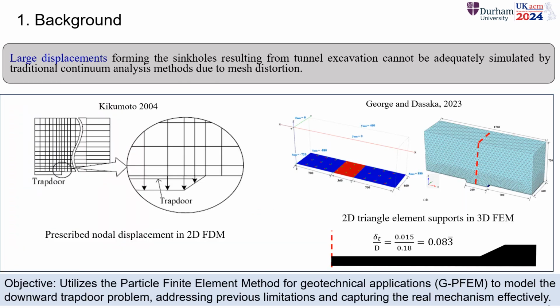The main issue of simulating this kind of problem is that the formation of the sinkhole creates large displacement in the material, which cannot be simulated by traditional continuum analysis methods due to mesh distortion.